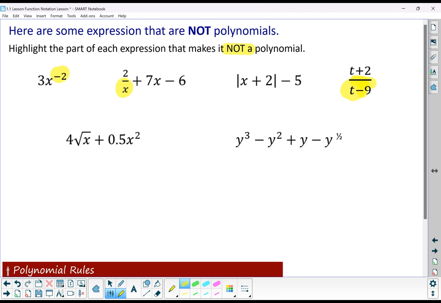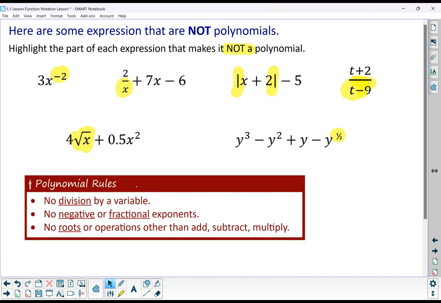We're not allowed to have other operations. We're not allowed to have absolute value, and we're not allowed to have a square root of a variable. And then finally, over here, we're not allowed to have a fraction exponent. It is okay to have a fraction coefficient, but just not a fraction exponent.